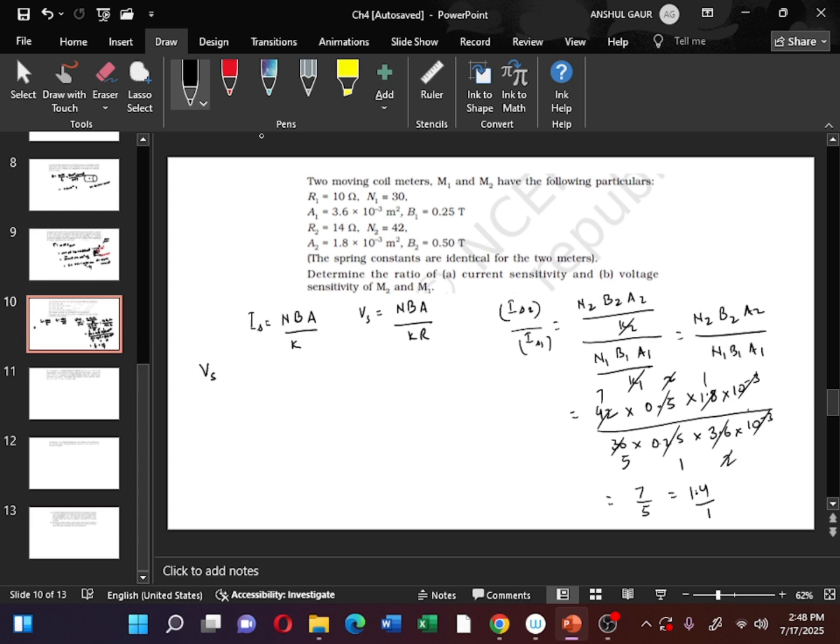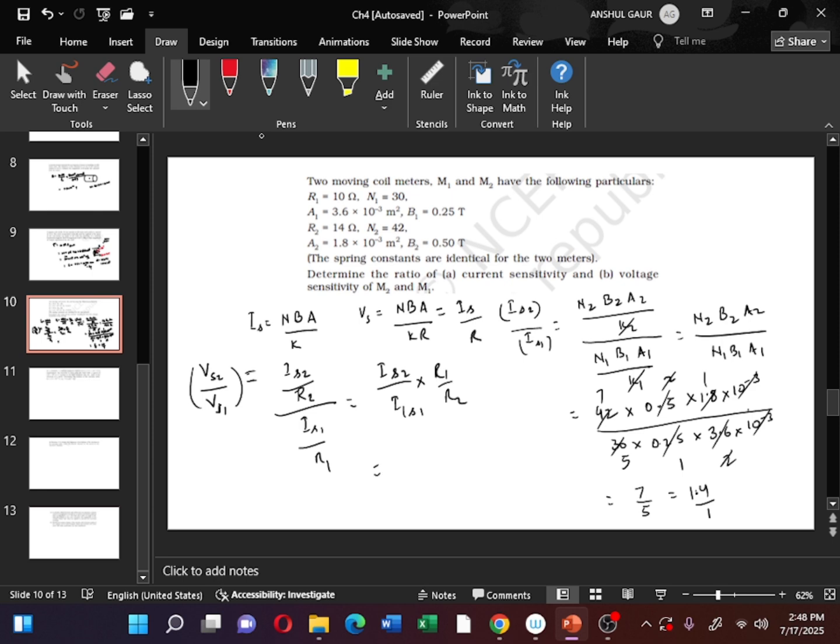Now the voltage sensitivity ratio we can calculate easily because we now know the current sensitivity. If you see these two relationships of current as well as voltage sensitivity, you can easily see that the voltage sensitivity is current sensitivity divided by R. So we can say that Vs2 upon Vs1 is equal to Is2 upon R2 divided by Is1 upon R1, or we can write it as Is2 upon Is1 multiplied by R1 upon R2.